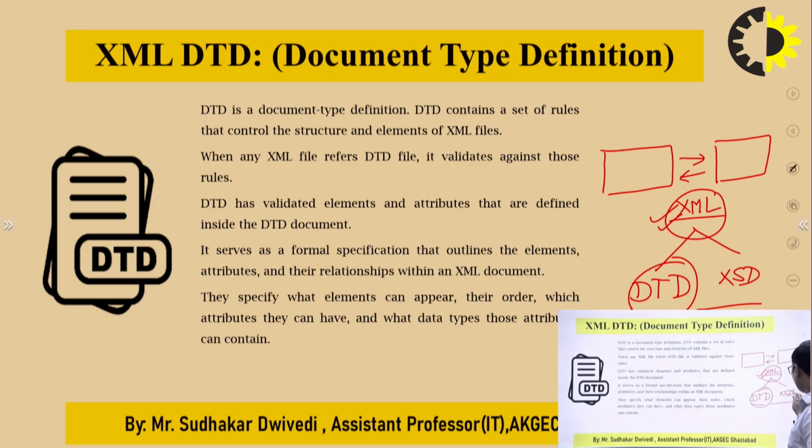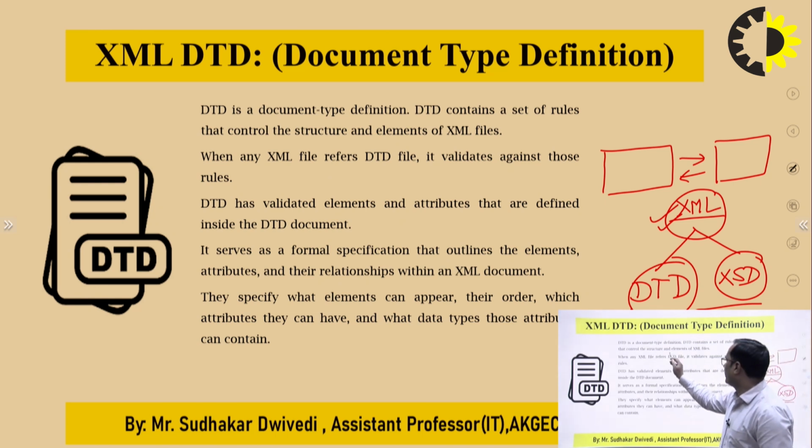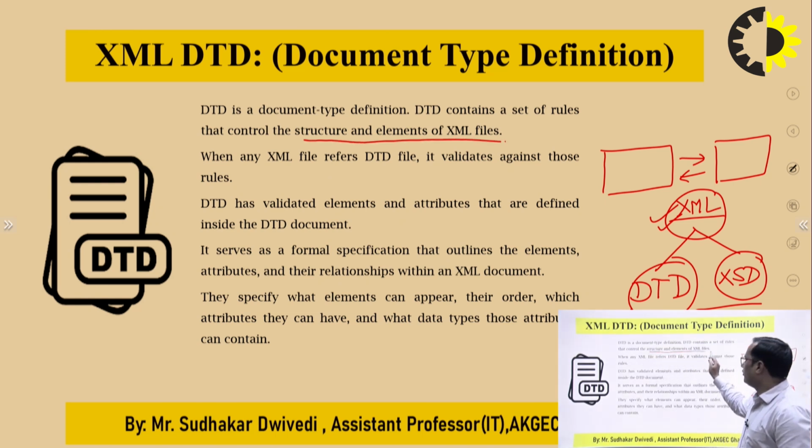Similarly, we have XML schema definition, which is the incremental version of the DTD. If it conforms to the XSD, it is also a valid document. The DTD is a document type definition that contains a set of rules that controls the structure and elements of the XML file.